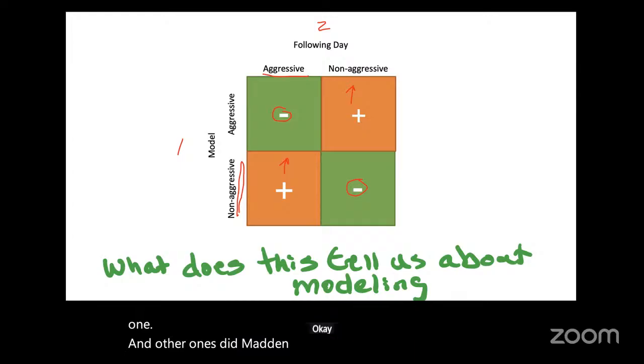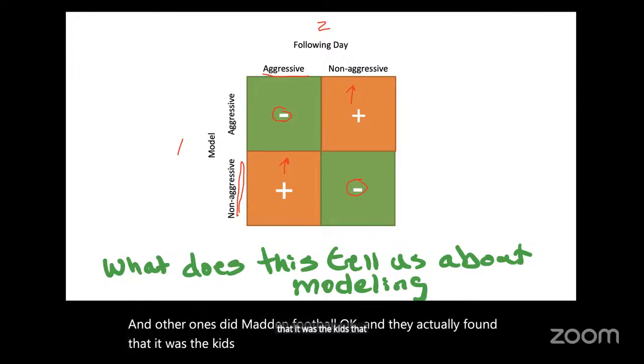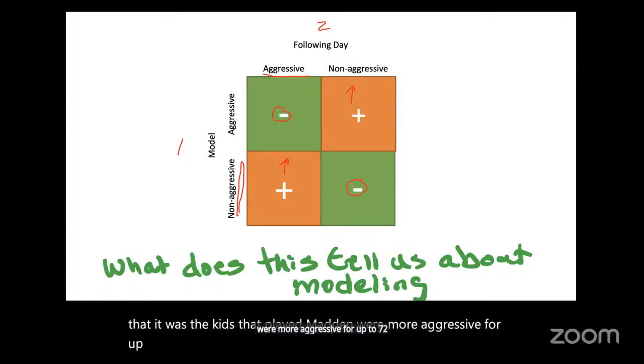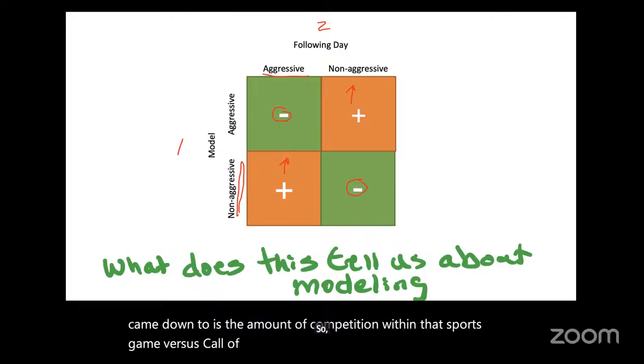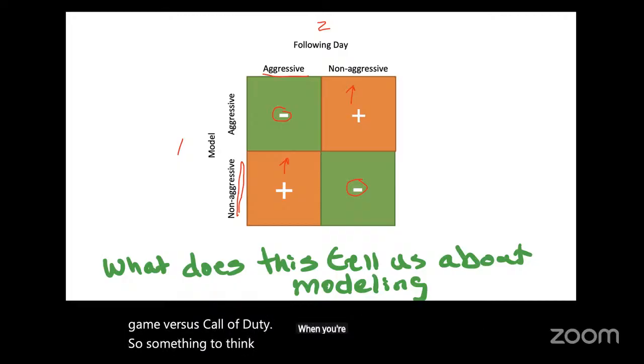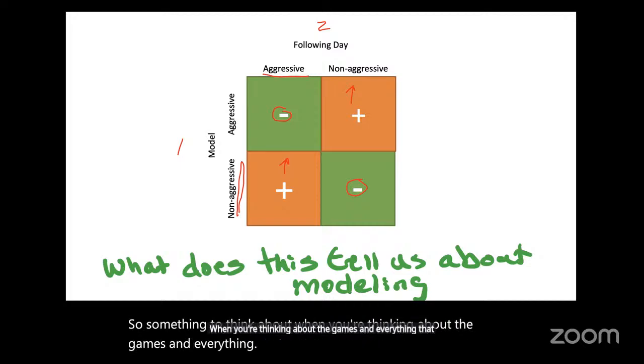And they actually found that the kids that played Madden were more aggressive for up to 72 hours than the kids who played Call of Duty. What it came down to is the amount of competition within that sports game versus Call of Duty. So something to think about when you're thinking about the games and everything that you expose your children to.